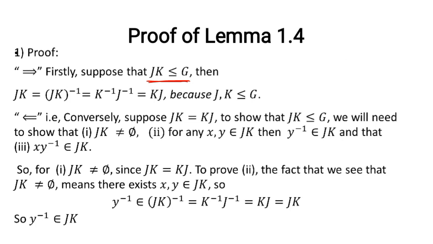Again, we know what J is. Because it satisfies the condition of a subgroup, it means it can be written this way. And now by a property you are supposed to learn in 300 level or so, once you have JK inverse, it's the same thing as saying K inverse, J inverse.